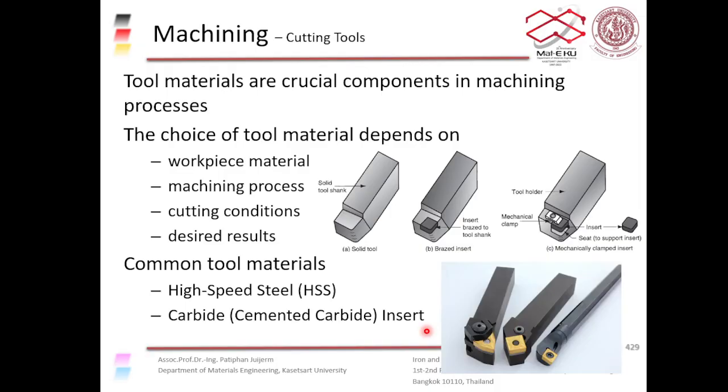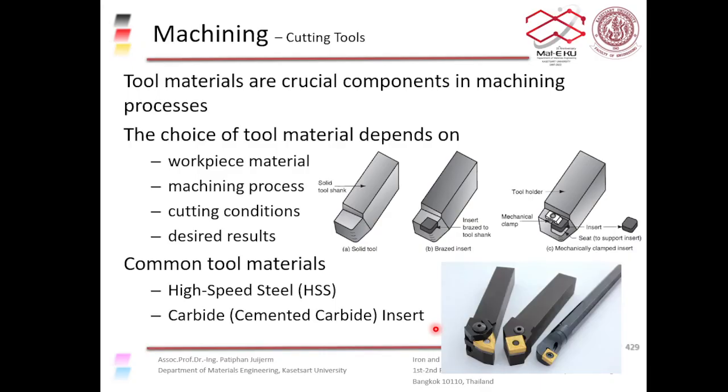We use cobalt as a binder, as a glue to bind the carbide particles together. These types of material are extremely hard, so they are very wear resistant. They are ideal for machining hard and abrasive material like stainless steel, cast iron, high temperature alloys, etc.